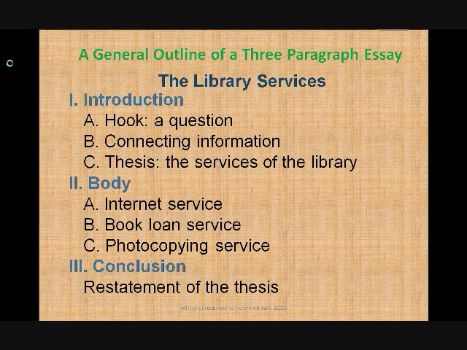Look at the section about the introduction. There is A, B, C, three divisions there. The hook in the form of a question, then connecting information, then the thesis in the form of a phrase, or an incomplete sentence, the services of the library.